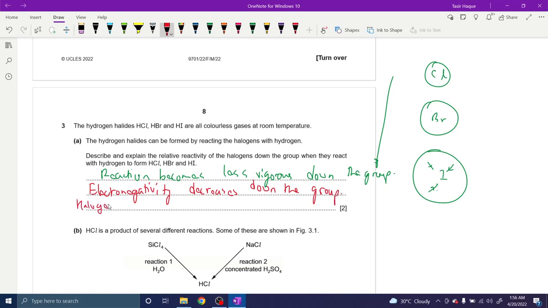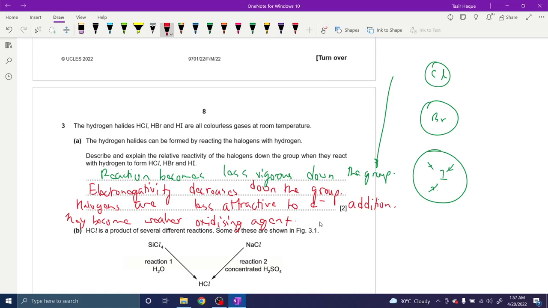Halogens are less attractive to electron addition. They become weaker oxidizing agents, or you could word it this way: oxidizing power decreases down the group.